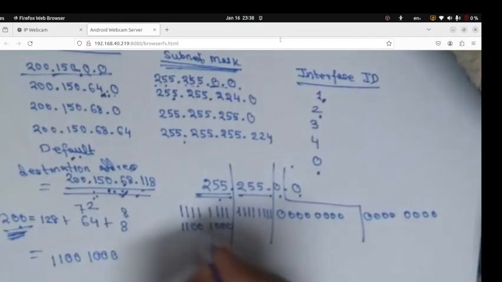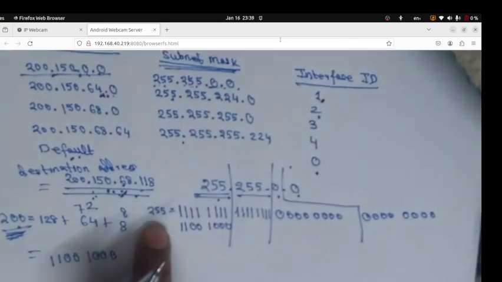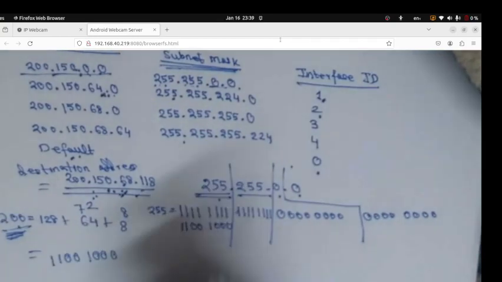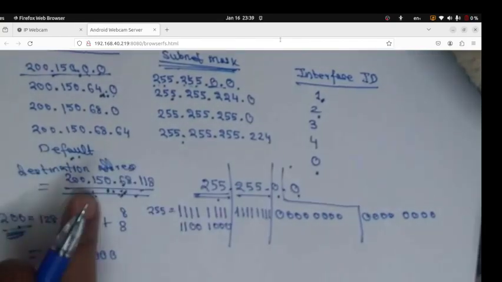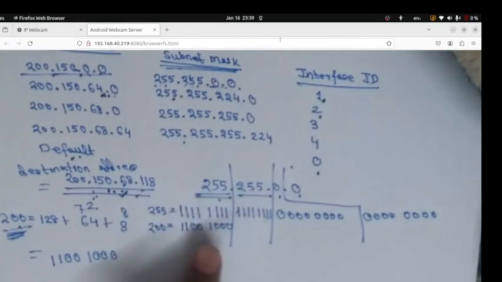The leftmost octet of the mask is 255, and the leftmost octet of this destination address is 200, so the binary equivalent has been written.